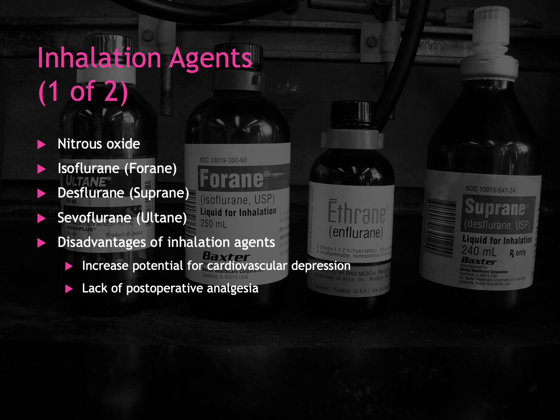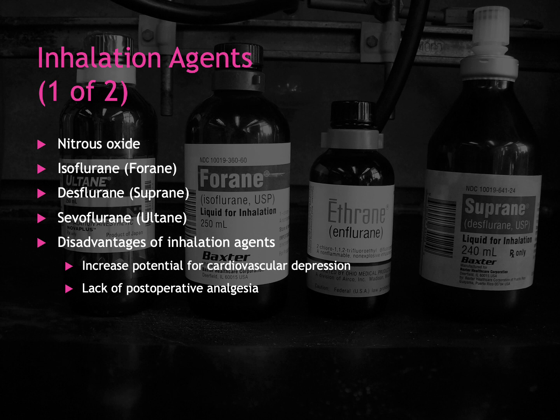And after they are breathed in, they quickly diffuse into the bloodstream, and then just as quickly, they diffuse out of the blood and into the brain, which is the site of action for these guys. They're also eliminated from the body quickly, typically via the pulmonary, hepatic, and renal systems.